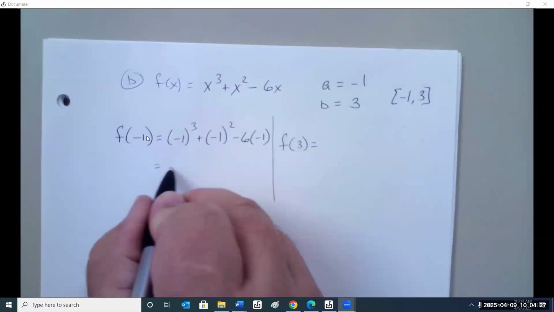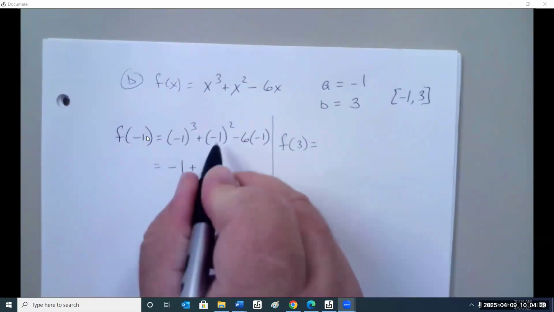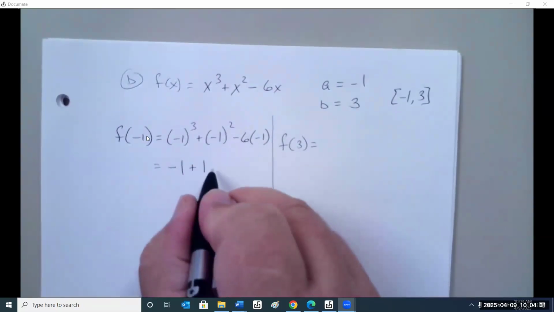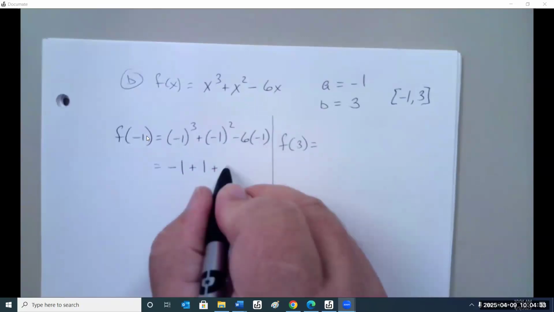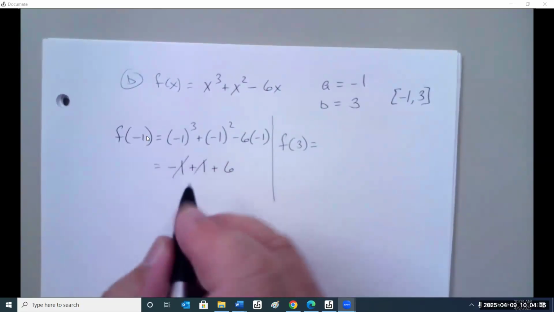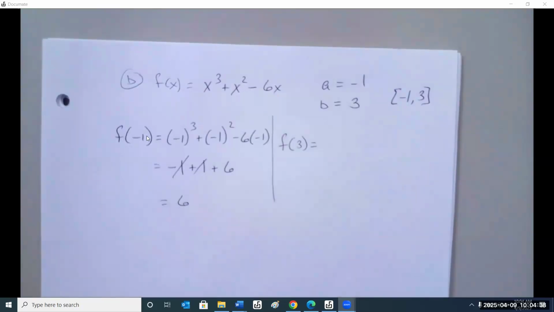So -1 cubed is -1. -1 squared is +1. Negative makes it +6. That equals +6.